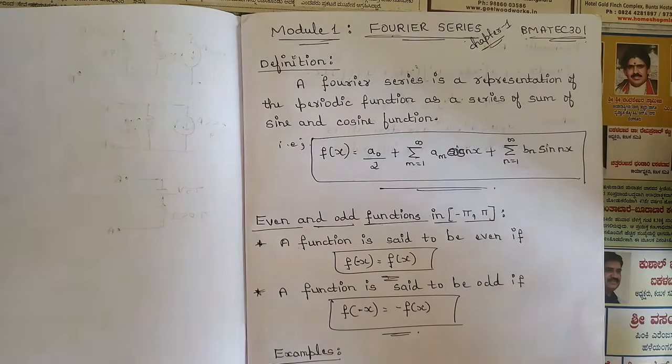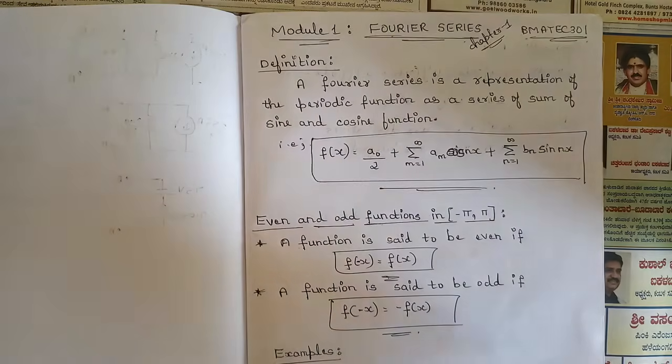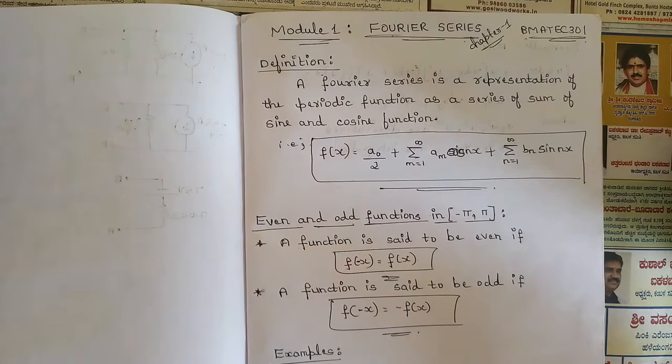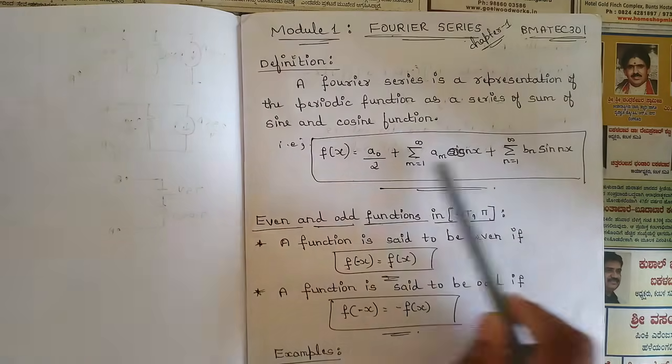That periodic function is given as f of x, and it consists of some sine and cosine functions along with some coefficients like a0, an and bn. These coefficients are known as Fourier coefficients. So all of these Fourier coefficients along with the trigonometric functions will together become a Fourier series.